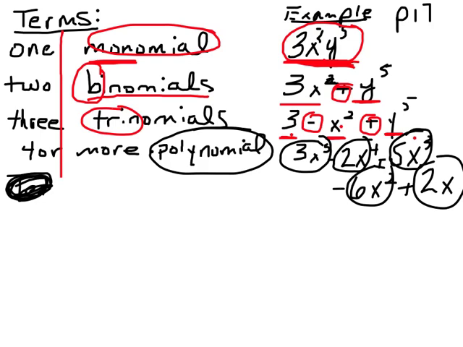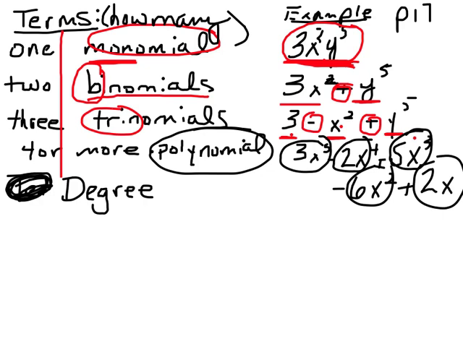One of them is how many terms, like we just did. And the other way we classify them is by degree. And you already know some of these words, but you haven't put them together maybe into a really formal way of looking at it, and this is on page 18.